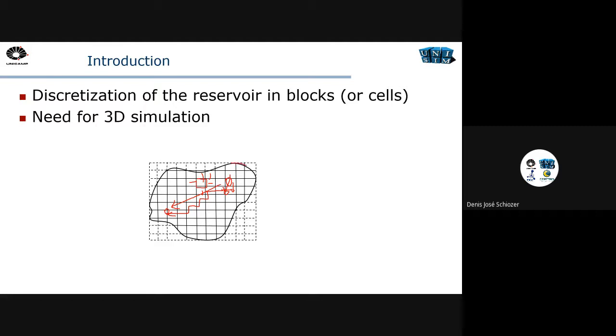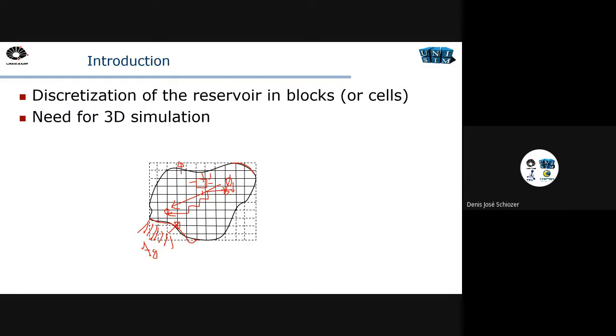We also have boundary conditions, as we have seen here. For example, it could be a closed reservoir, which is a reservoir with no flow through the boundaries, so we have to write this. And of course, we can have an aquifer here, for example. If we have an aquifer, this part of the boundary, instead of being closed, is a part where water comes into the reservoir if we have pressure to do that.